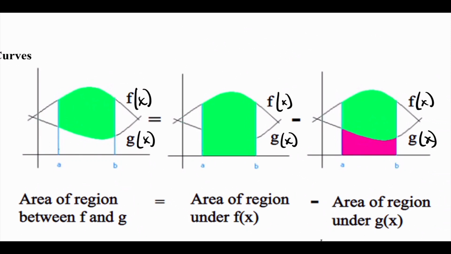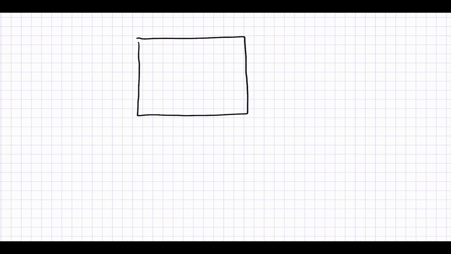So if you don't even think about the calculus right now, I'll give you a problem you've done before, probably in elementary school or junior high. You have a rectangle, and then inside the rectangle, you have a half circle, let's say, and you're trying to find the area of this part here, right?